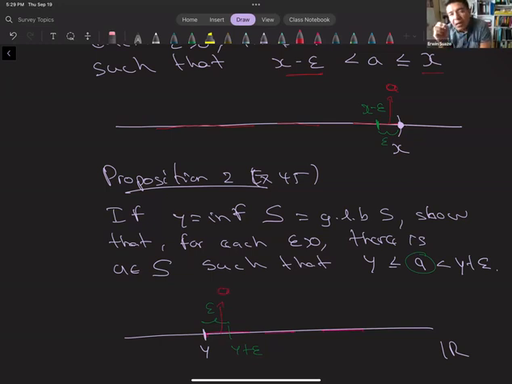So if the inf is really the inf, if you give something extra to the y, then you can find an element of S in the middle. Okay, that's what it's saying.